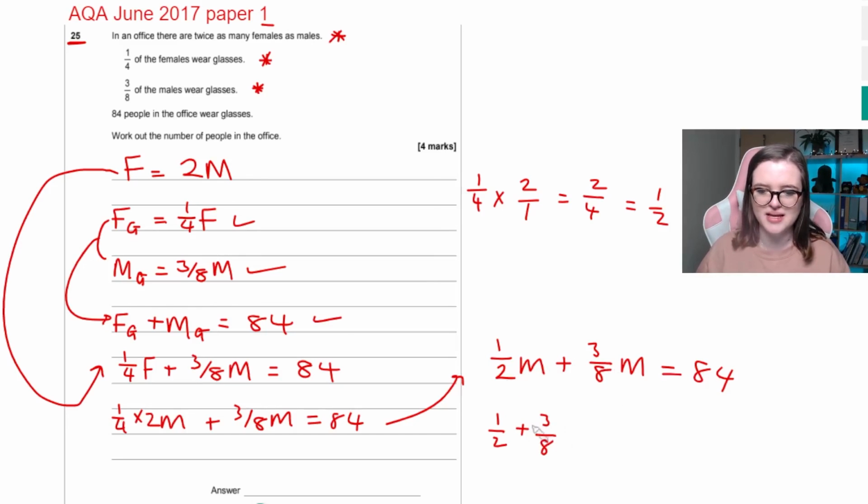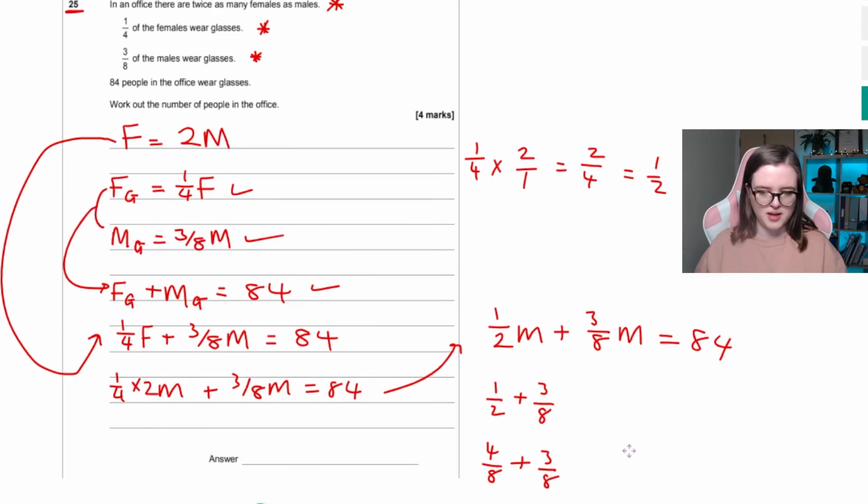So we've got a half plus 3/8, that's the next sum. Add these together. Times this one by 4, and you get 4 out of 8 plus 3 out of 8, which is 7 out of 8.